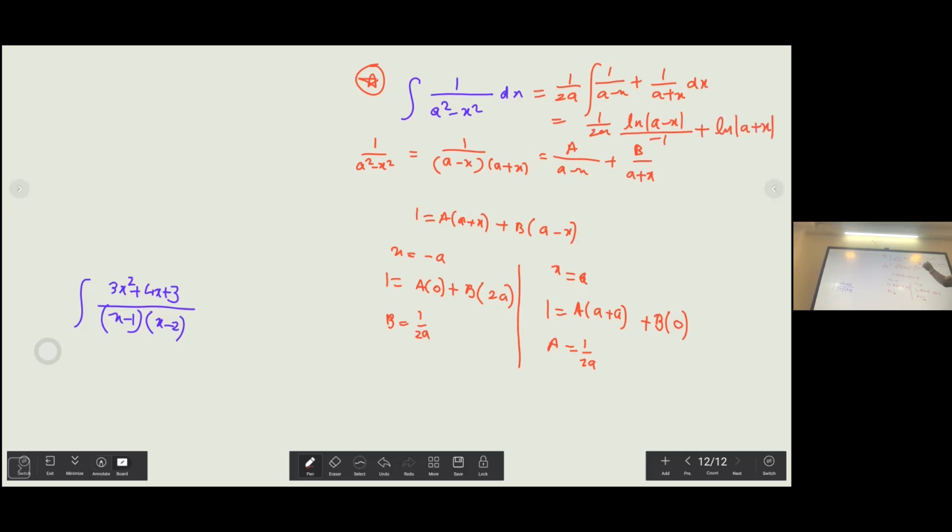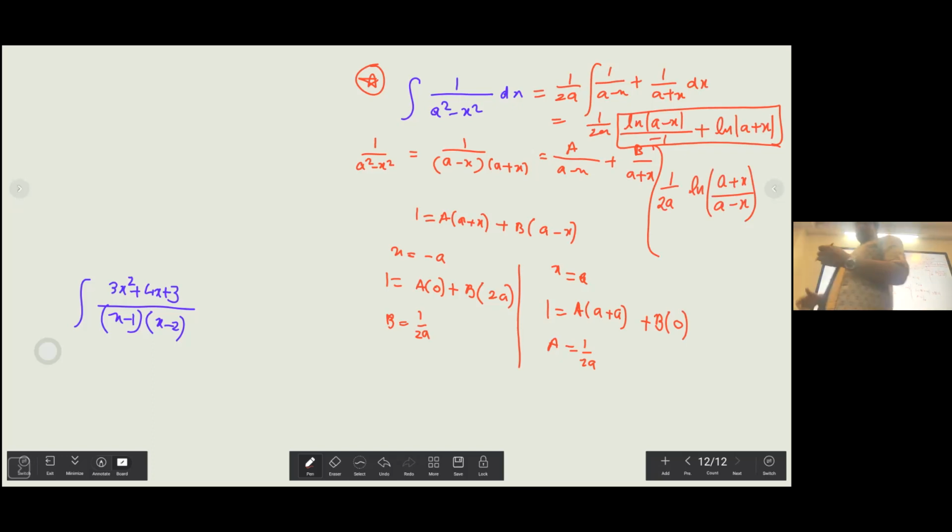So that's the integration of this part. If you further want to write this down, I can write 1 upon 2a ln|(a plus x) upon (a minus x)|, since ln A minus ln B can be written as ln(A by B). So that's your integration. And of course, don't forget to write down plus C out here.